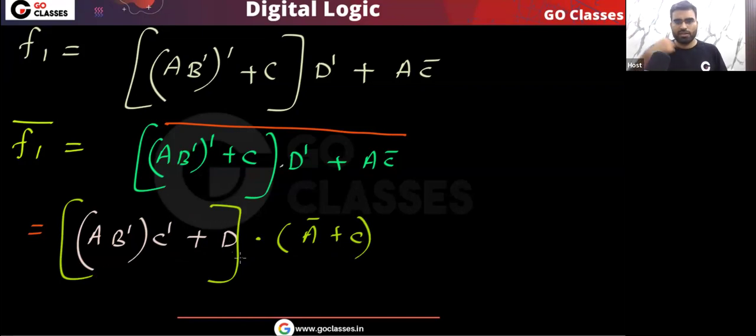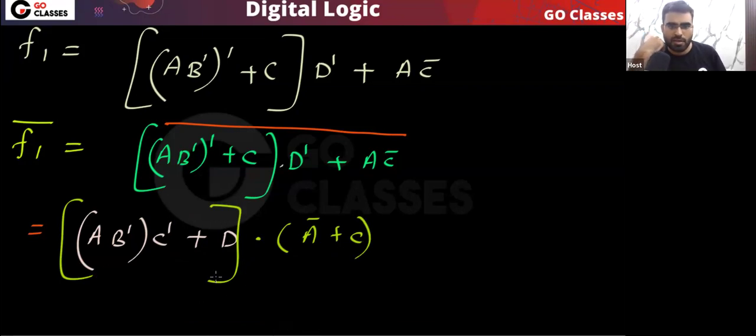So this is what you will get. Is this clear? Please tell me. We are applying the De Morgan law. In the De Morgan law, very simple point, or will become and, and will become or. The complement of this will be a b bar itself, and this will be c bar, and this will be d. So very simple. This is your f1 complement.